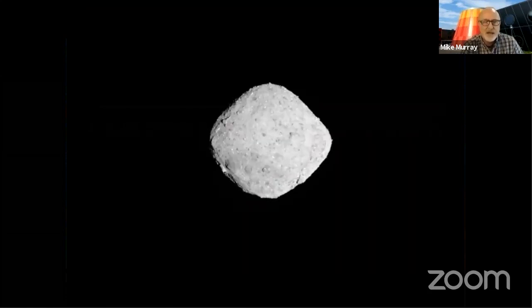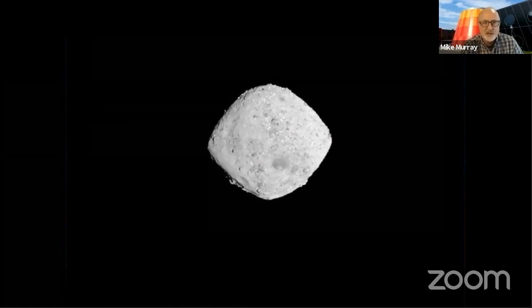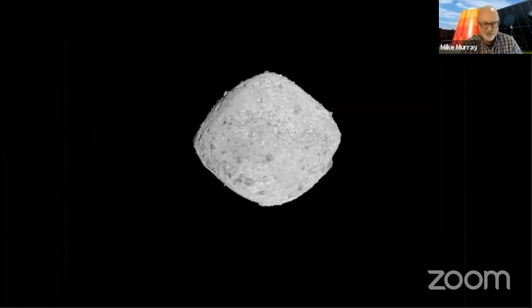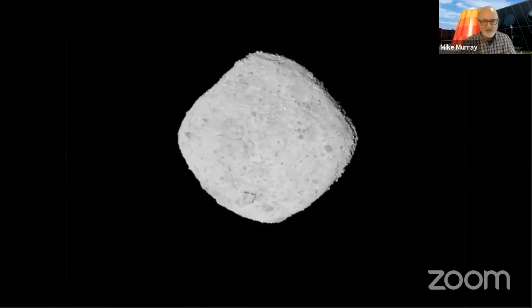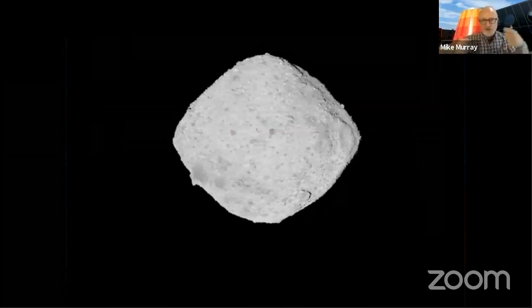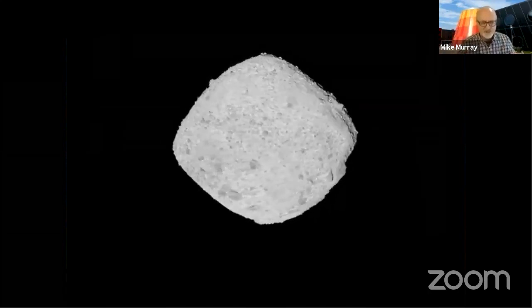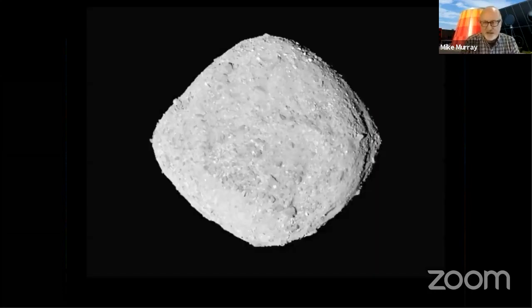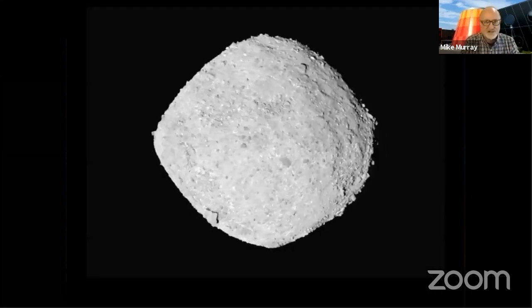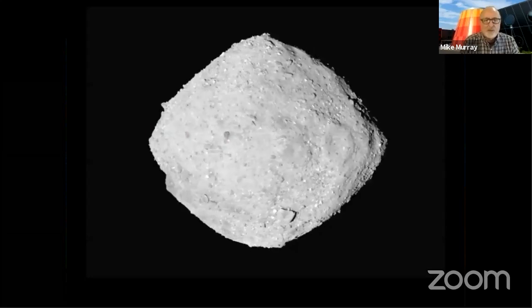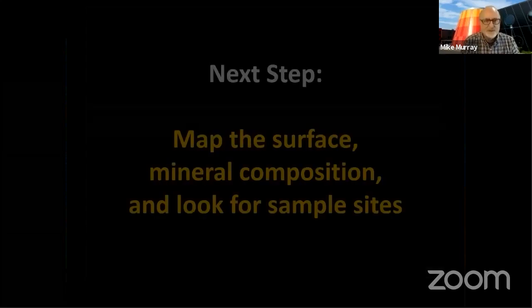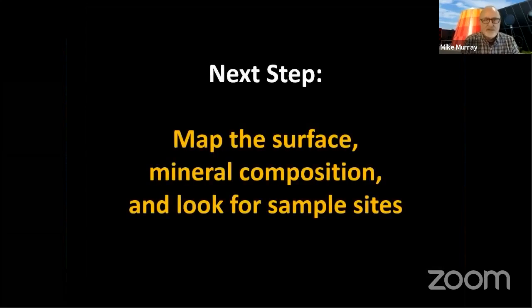Now, its approach happened in stages so that the OSIRIS-REx spacecraft would fly kind of in tandem and then move into various positions around the asteroid in order to get different angles for its photographs and to begin its analysis. What we did find, this was the step where it would actually try to establish an orbit.